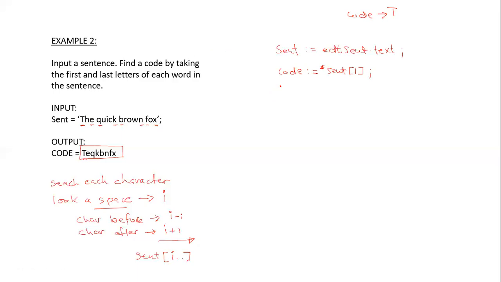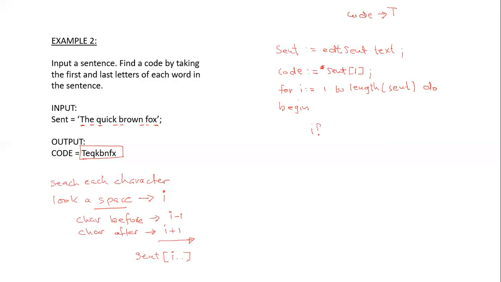Now I'm going to scan through, I'm going to search each letter in my sentence as we did in the previous example. For I, assign the value 1 to the length of the sentence. Do begin. And I want to search for a space.